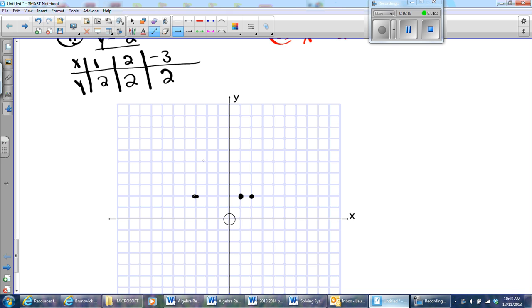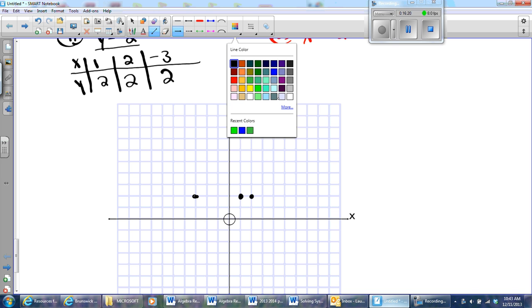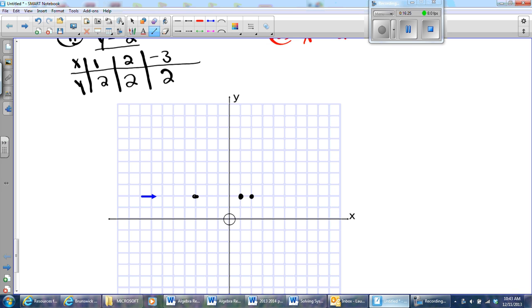Now, you might be worried about the slope. Well, you can figure out the slope of this line real simply. Just count your rise and run. Okay, so from this point here to this point here, how much do I rise? I'll call them points A and B. How much do I rise? Well, I rise 0.